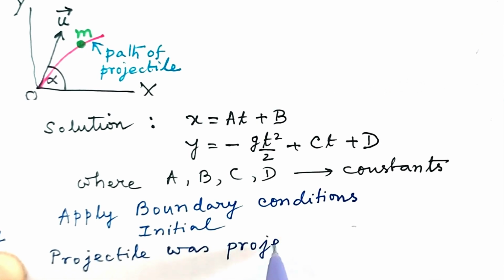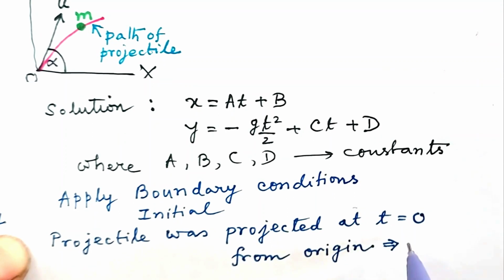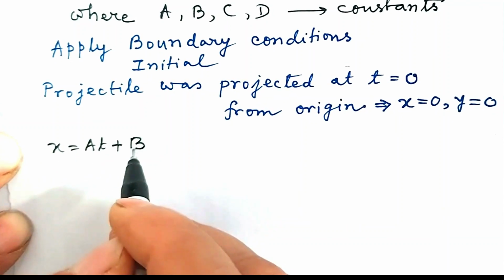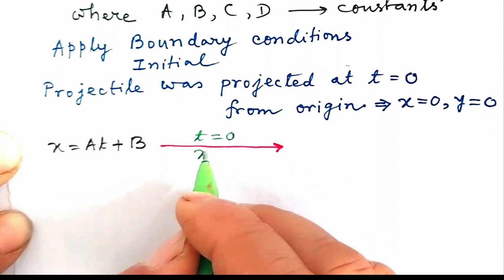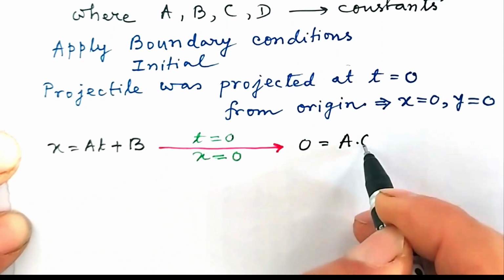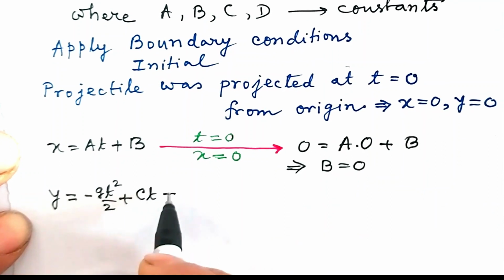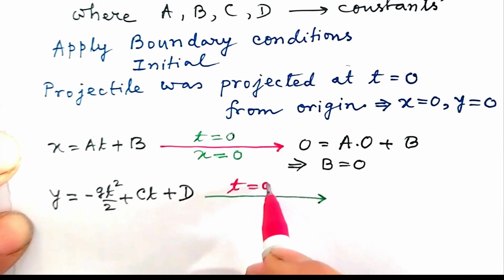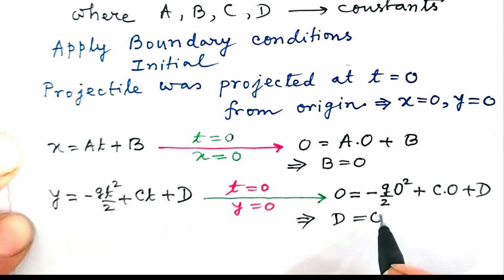The projectile was projected at t equal to 0 from origin, that is from the point x equal to 0, y equal to 0. Consider the x equation and apply the condition that at t equal to 0, x equal to 0, that gives b equal to 0. Now consider the y equation and apply the condition that at t equal to 0, y was 0 to get d equal to 0.